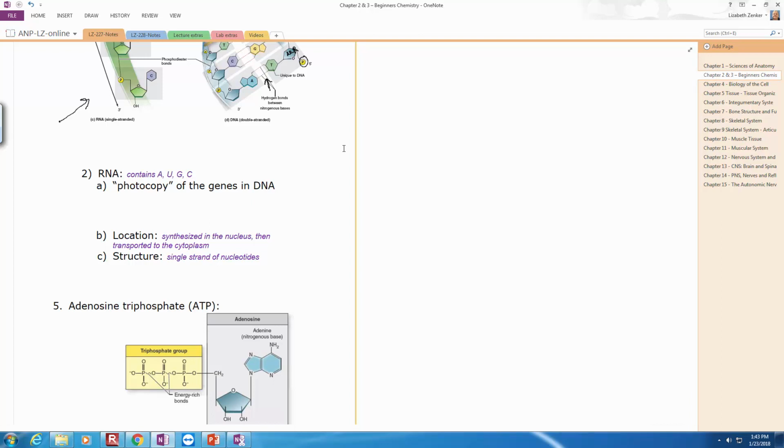This is a photocopy of the gene in the DNA, that one little message, the one little piece we decided to read off. So that means that this has to complementary base pair to one side of that DNA strand just for that short period of time.